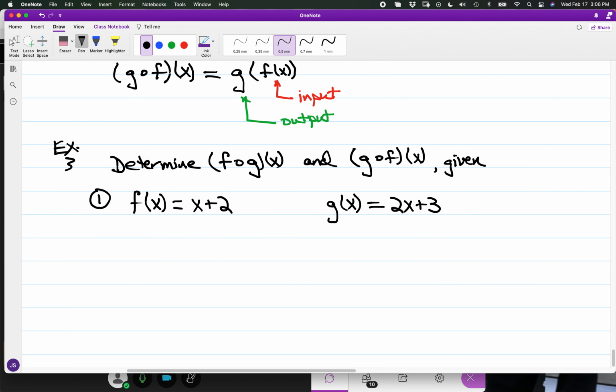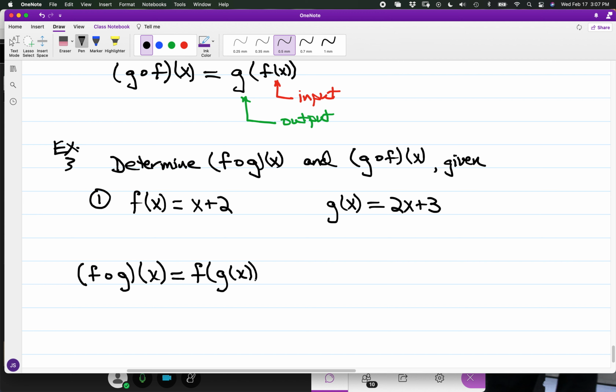All right, so for the first composition, f composed with g of x, we're looking at f of g of x.